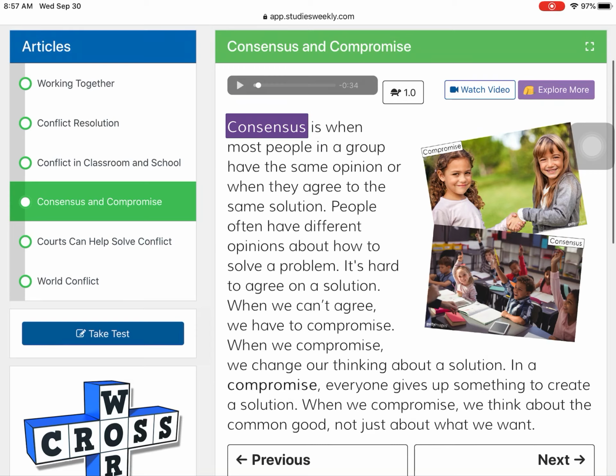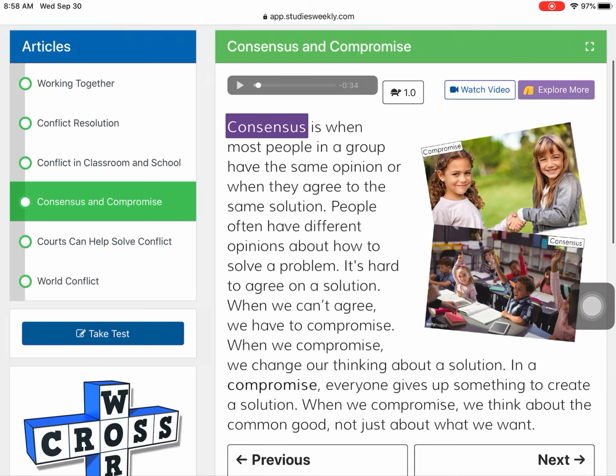You're making a compromise because this is not exactly what either of you wanted. You each wanted to play that 1-player game by yourself. But you have to compromise because you have to give a little bit to be able to come up with a solution to your problem. So that's compromise.